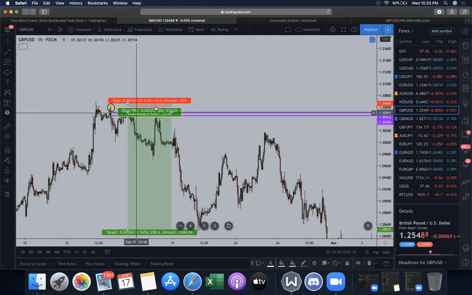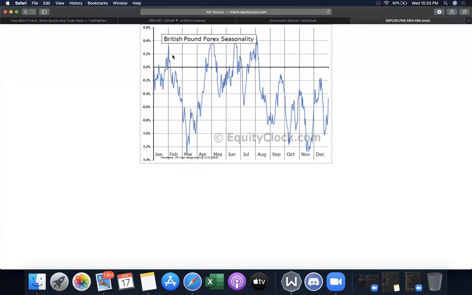Literally just looking for the setup and the overall direction of the seasonality. Does that make sense, Patrick, and everyone else? You'll see how GBP USD literally followed it day to day all the way down.